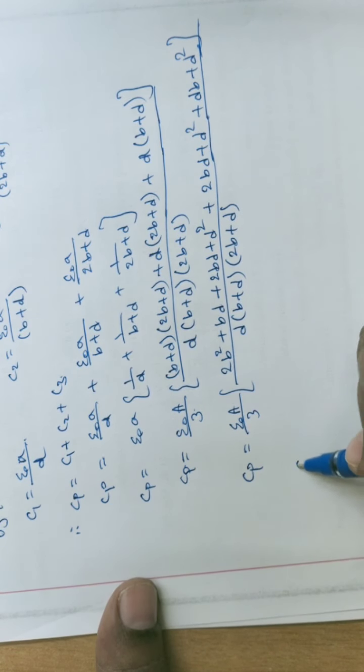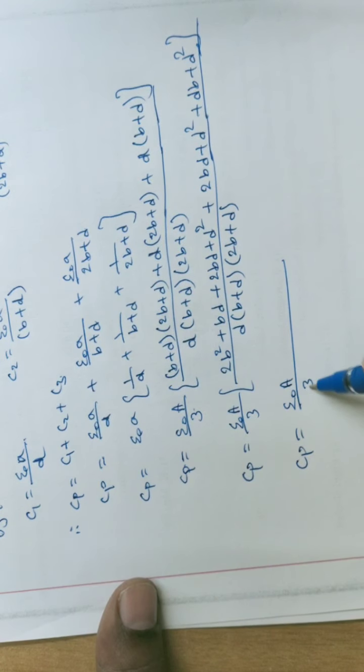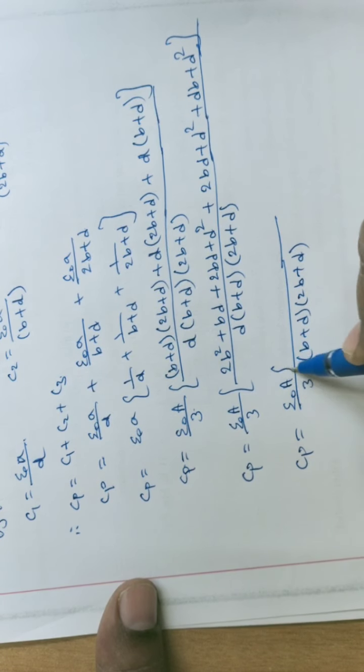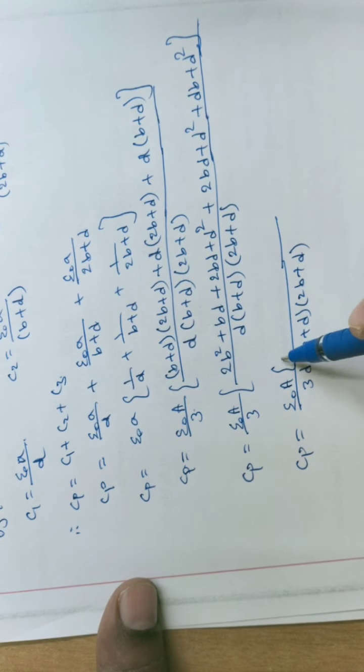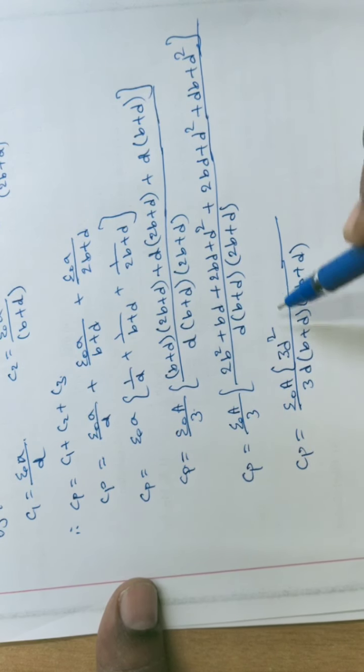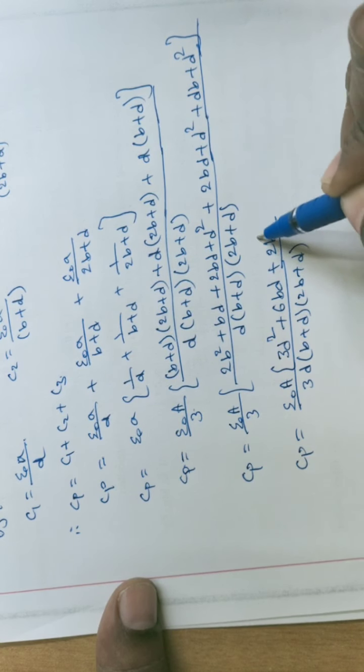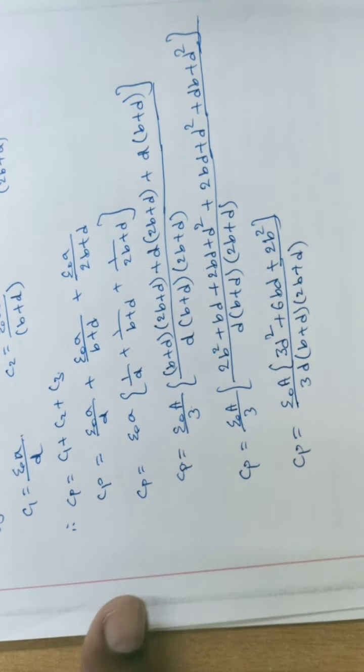On simplification, Cp is equal to epsilon naught A by 3D(B plus D)(2B plus D), and in the numerator we get 3D square plus 6BD plus 2B square.